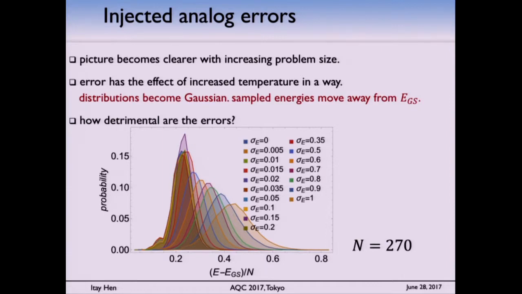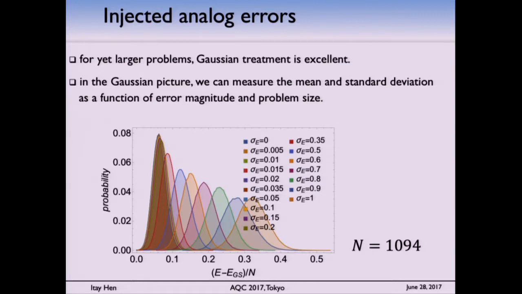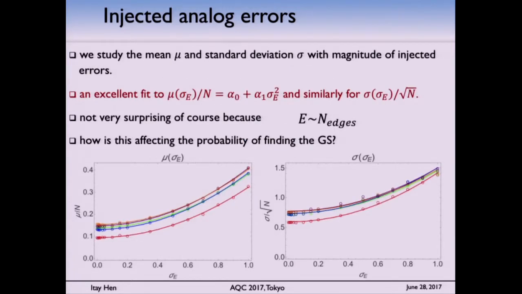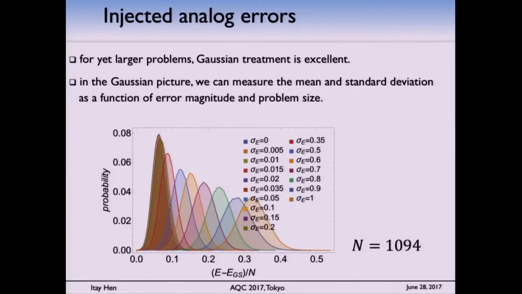I injected artificial errors into the machine by changing the coupling strengths, by injecting Gaussian errors, and basically what you find is exactly that: as you increase the magnitude of the error, the probability densities become more Gaussian-like, but also they move away from the ground state, meaning that obviously the performance is deteriorating with more and more error, and the effects are, in a sense, exponential to the ground state energy.